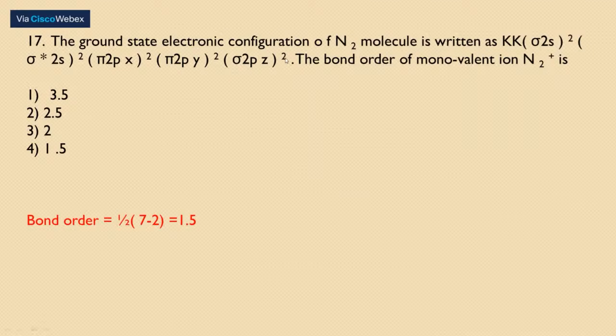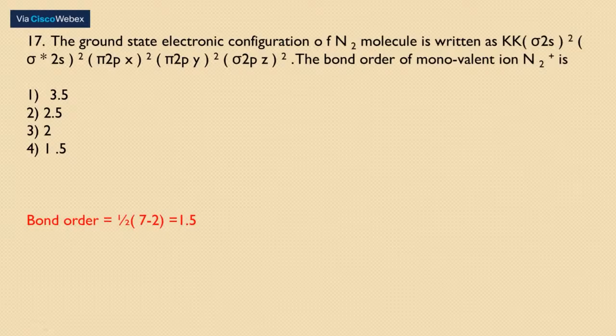In the outermost it is 2, but we are calculating for N2 plus, thereby 1 electron has been removed from the sigma 2pz. If you remove 1 electron from here, the total number of electrons in the bonding molecular orbitals is found to be not 8 but 7, because we are calculating for N2 plus, where we have removed 1 electron from nitrogen.